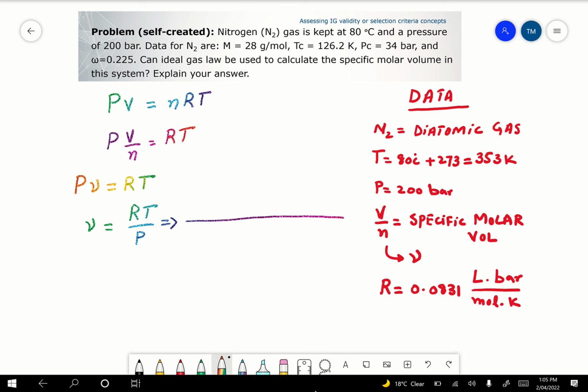R is 0.0831 liter bar over mole Kelvin, temperature is 353 Kelvin, and pressure is 200 bar.